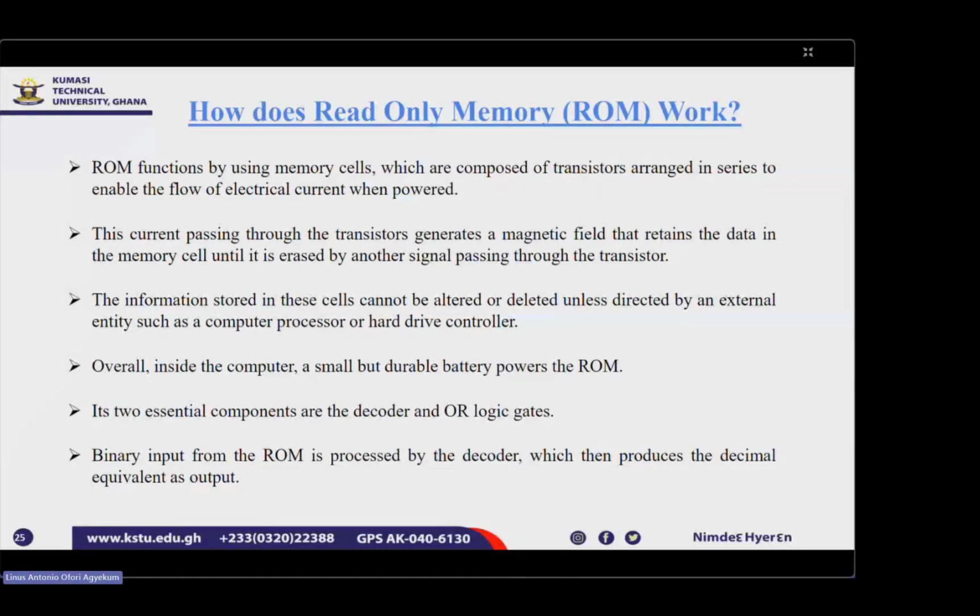And you know that wherever there is current, there is a magnetic field. You would all agree with me on that. Yes, sir. And so the magnetic field helps to retain the data within the memory cell until it is erased by another signal through the transistor.